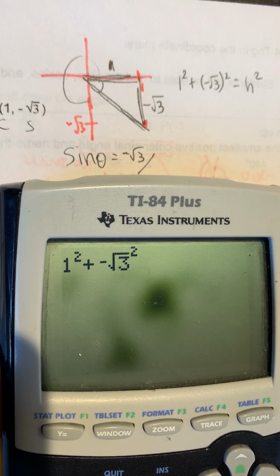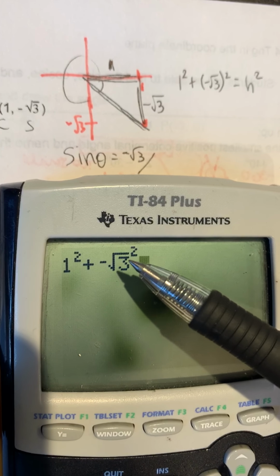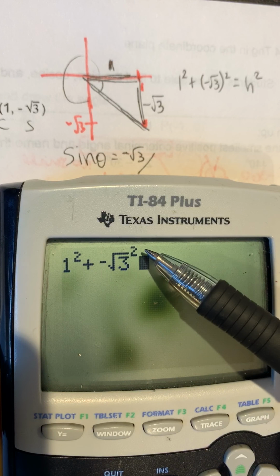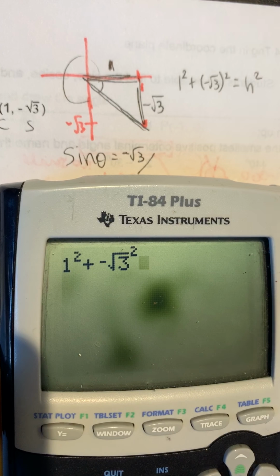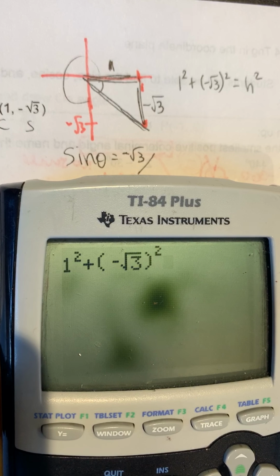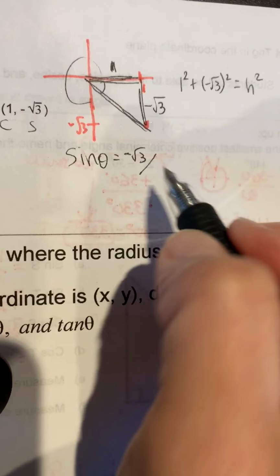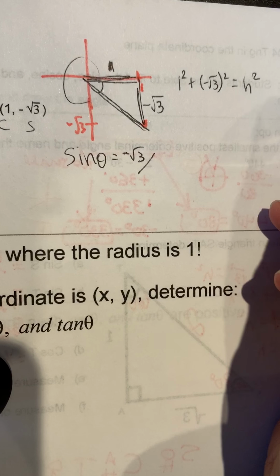The reason that's wrong is that you need to put the negative rad 3 in parentheses because it's only squaring the rad 3. So you have to go back and put in the parentheses on the whole negative rad 3. So, insert negative. Okay, that way it looks like that. Enter. That's 4. You could have done that in your head. I just wanted to show you how that works.